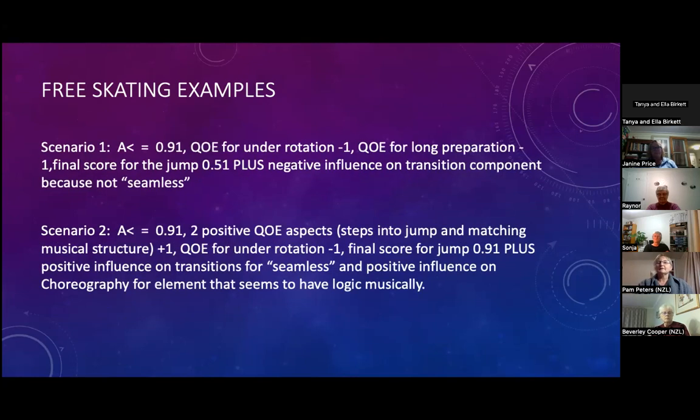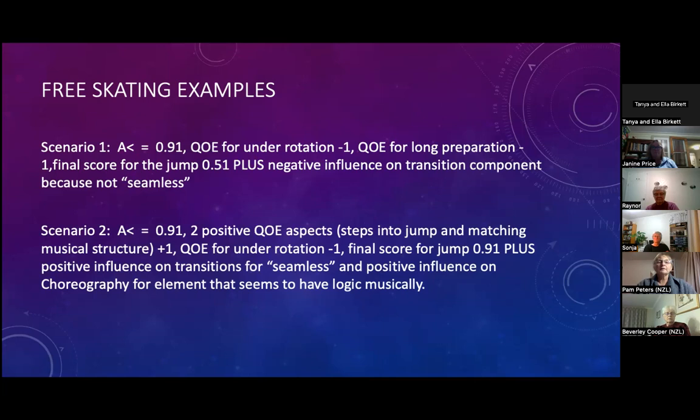So scenario 1: an axel that is under is worth 0.91. A complete axel is 1.3. An axel that is under is 0.91. There's a required QoE for under rotation of -1, and then there's also a QoE that we're required to consider for long preparation, which is also -1.